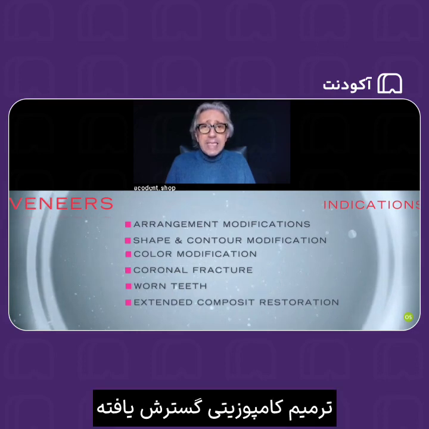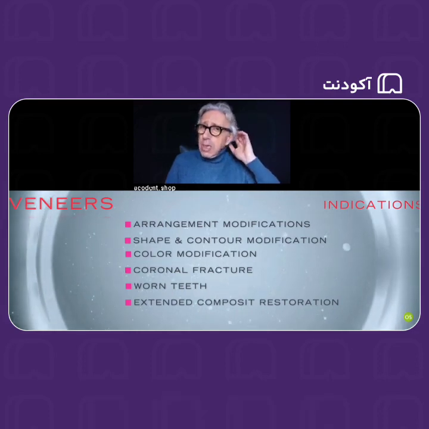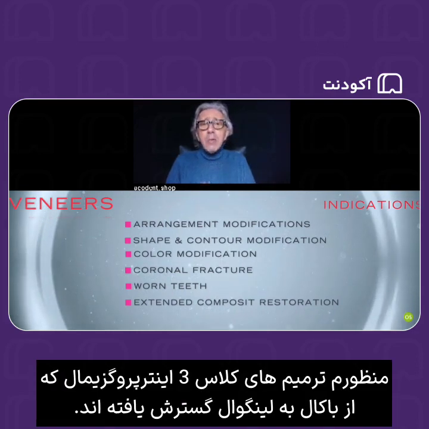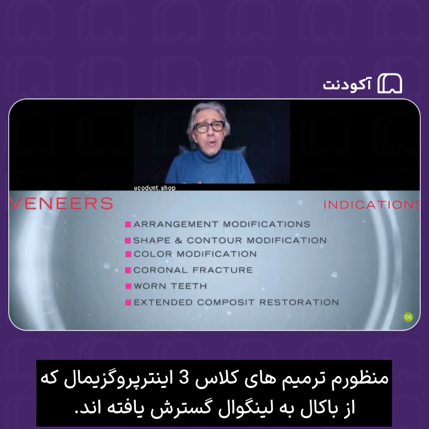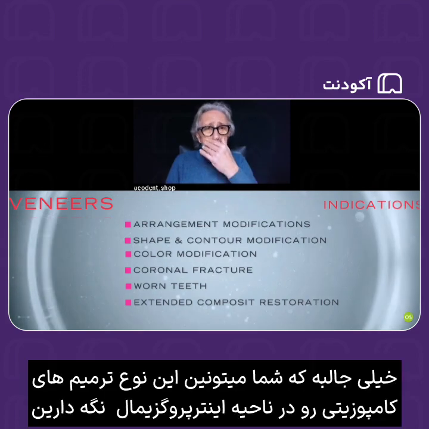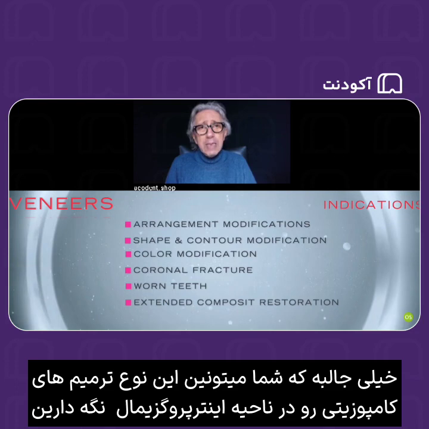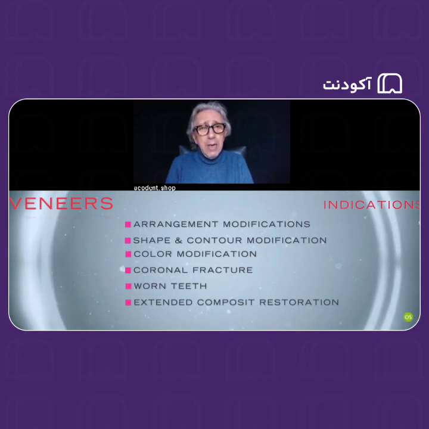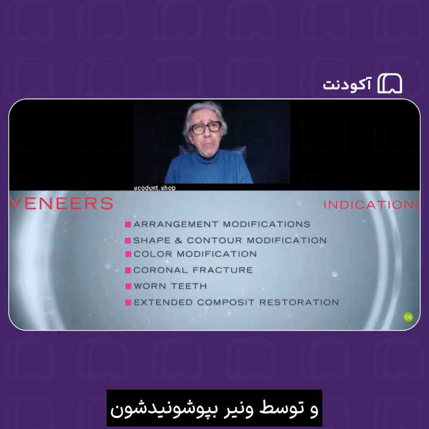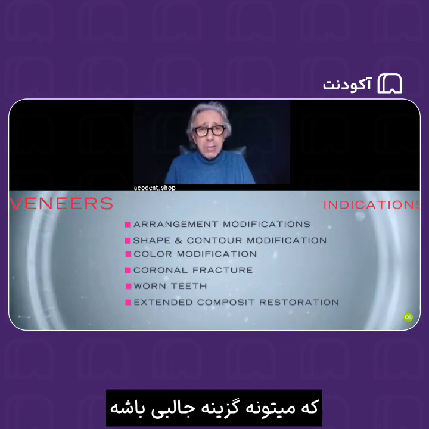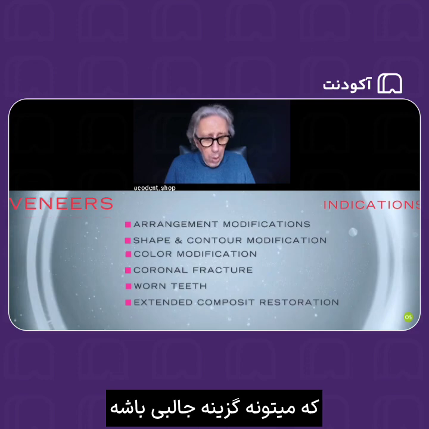And then extended composite restoration. I mean when you have the composite, the third class interproximally, going from the buccal to the lingual. It is always very interesting if you can keep this kind of composite restoration on the interproximal area, covered or uncovered by the veneer. That is another interesting option.